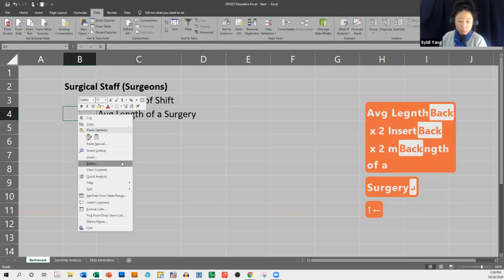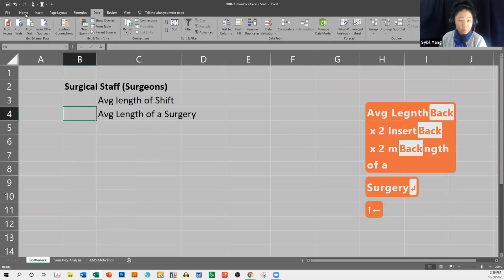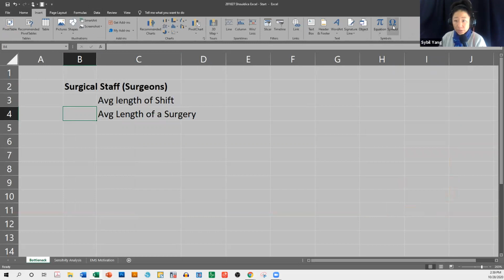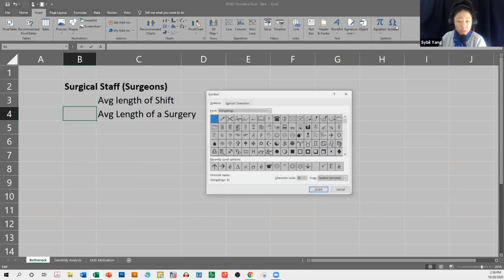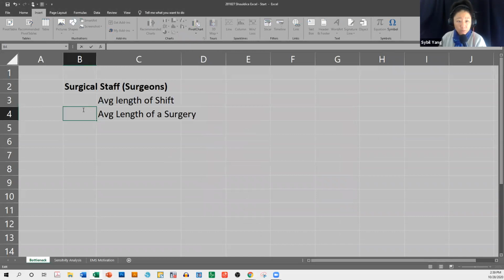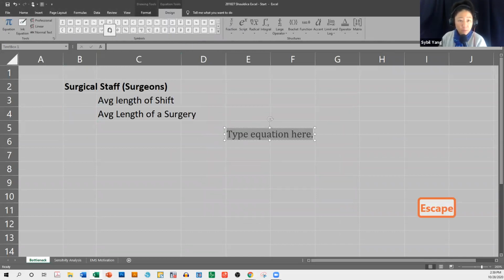And if you want to put in a divide sign, you go to insert, symbol, and you can find it under special characters.